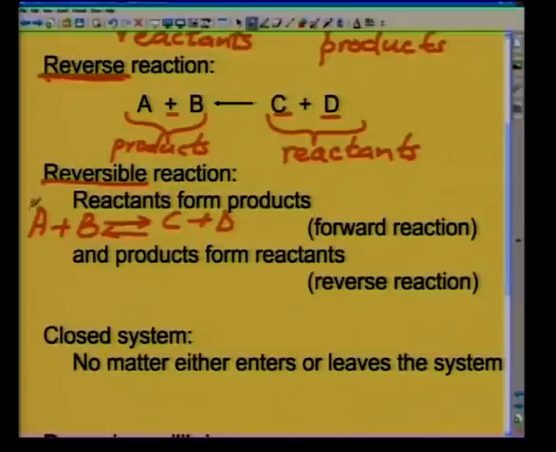And then this becomes a reversible reaction. It can go forward, it can also go backwards. Hence the double arrows to the right and to the left, forward and reverse.